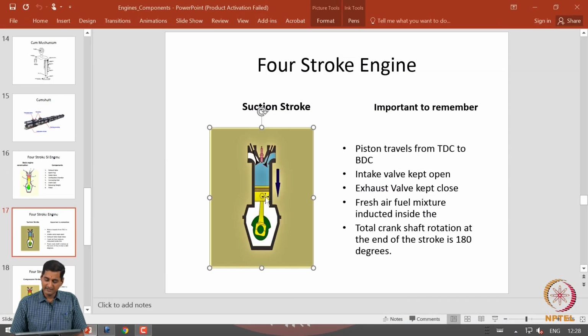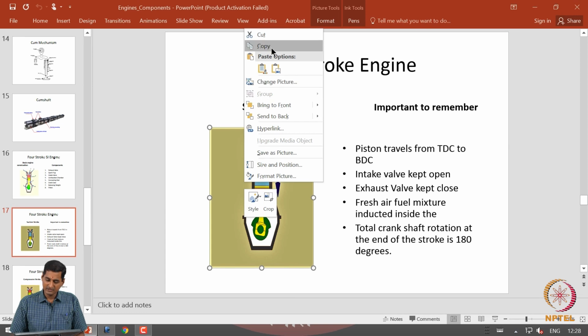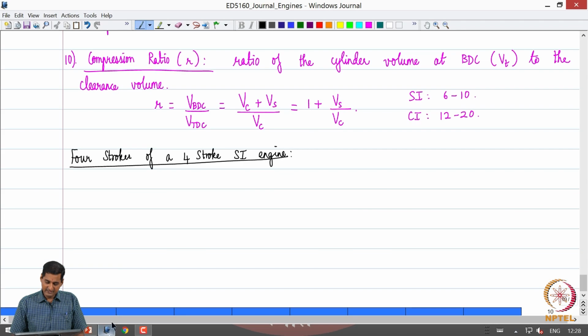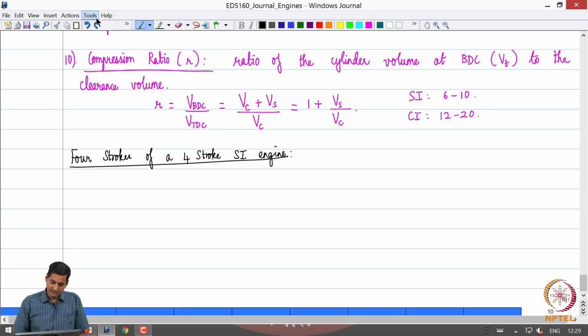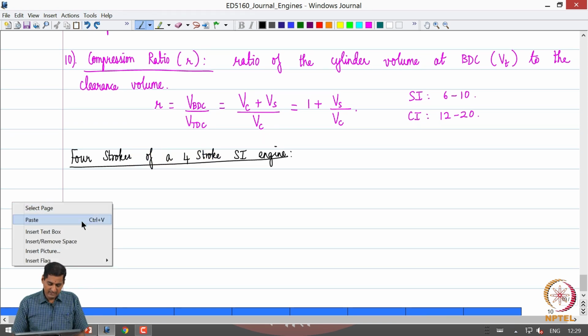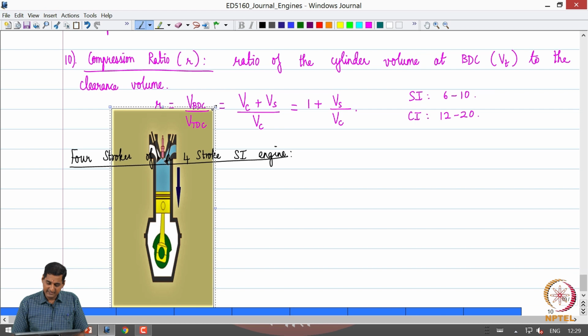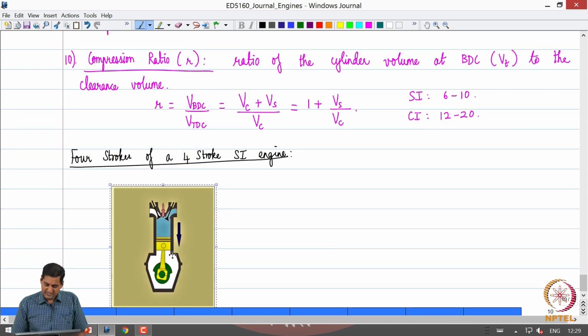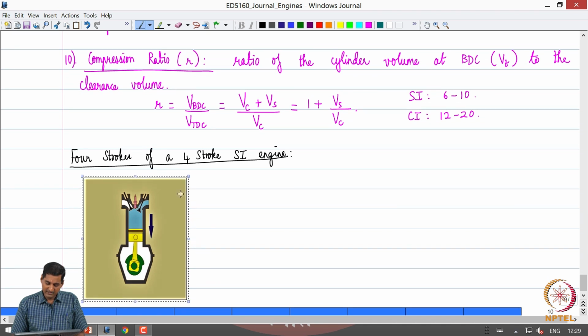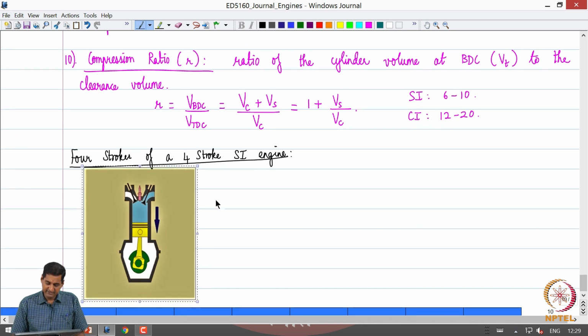First, let me take the suction stroke. What happens in a petrol engine is that when the engine starts one operating cycle, as a first stroke the piston starts to move down, as we can see in this figure.